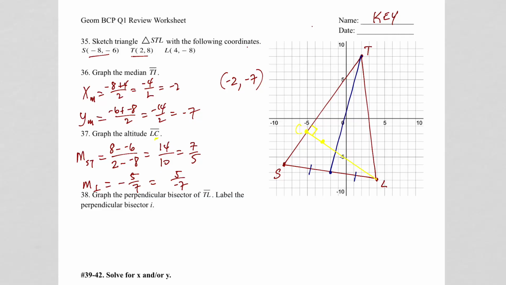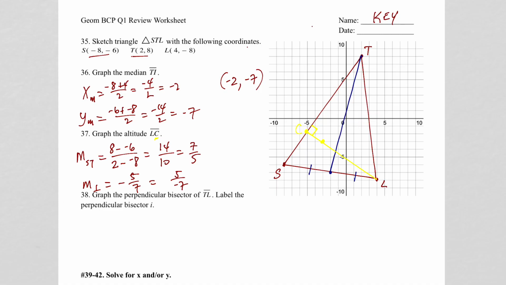Okay, now I'm going to draw the perpendicular bisector of TL. Here's TL. So first of all, I need to know the midpoint because it's got to bisect this. So it's got to be halfway in between. It looks like that point right there, but let's just do it mathematically.